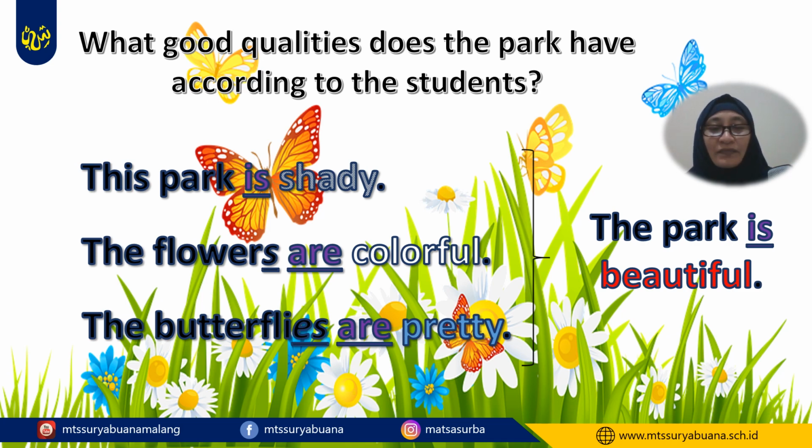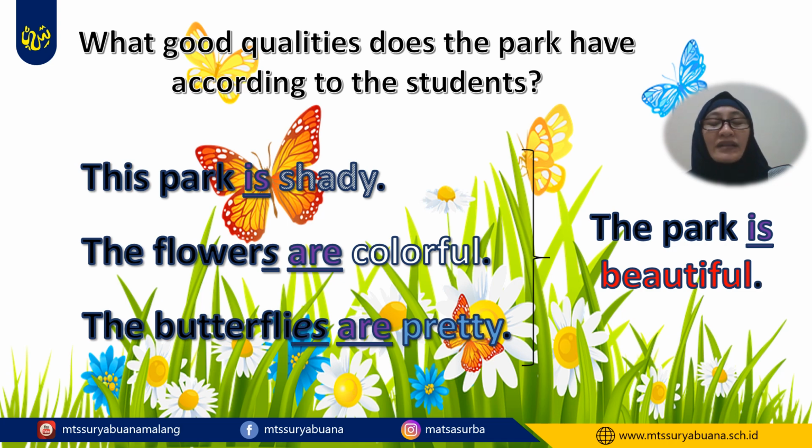The flowers. So, there are more than one flower. It means that there are many flowers. Because there are many flowers, we then use are for plural nouns, right? The flowers are colorful. The adjective colorful here explains about the flowers, the quality of the flowers.